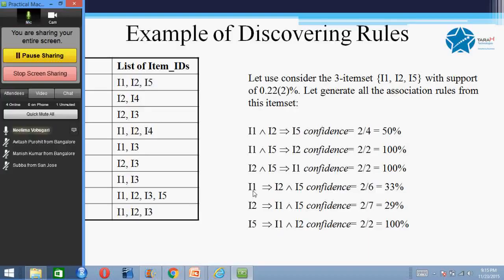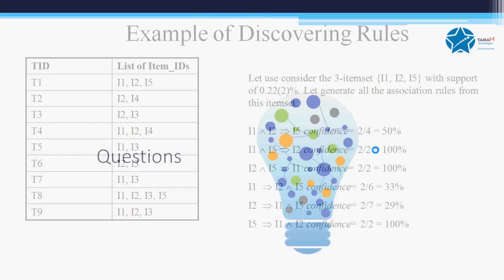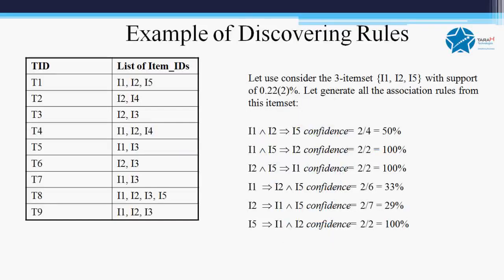Once we do that, we are able to filter to the set of rules which support the minimum confidence that you have. So this is a fairly intuitive algorithm.